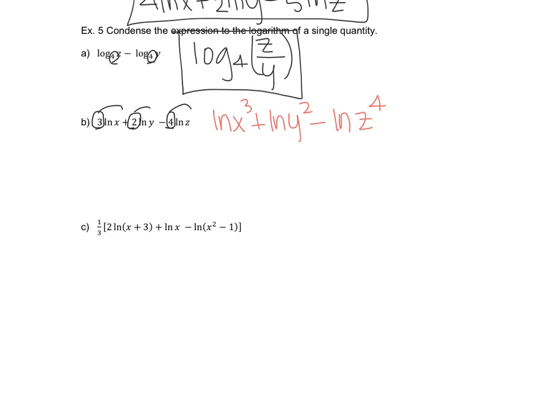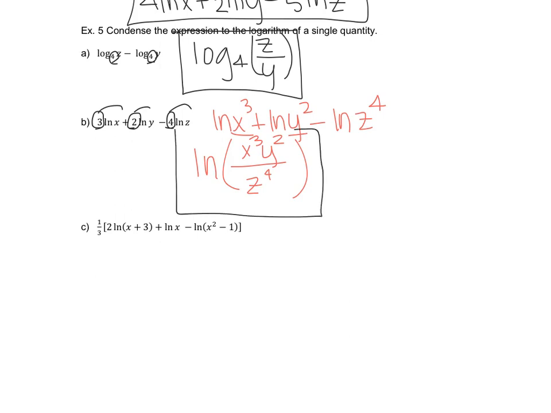And then I'm going to use the pluses and the minus and write them as a single log where it needs to go. So remember, I'm going to write ln, and then I have these two multiplied on top. So I have x cubed y squared divided by, because of that minus sign, z to the fourth. And that is how you would write it as one log.